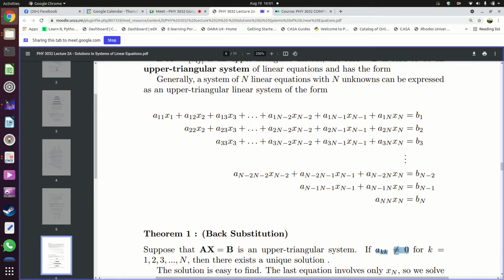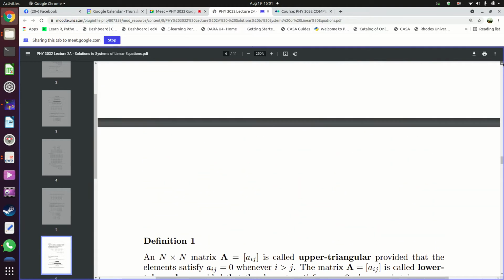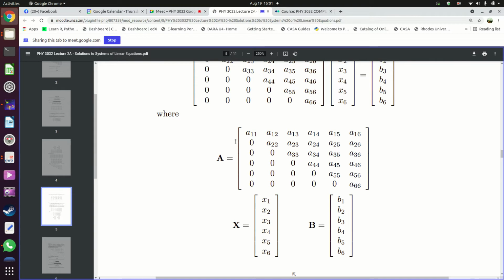If any of these diagonal elements is equal to 0, then you will not be able to do your back substitution.